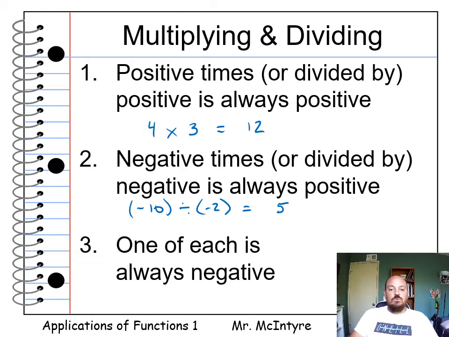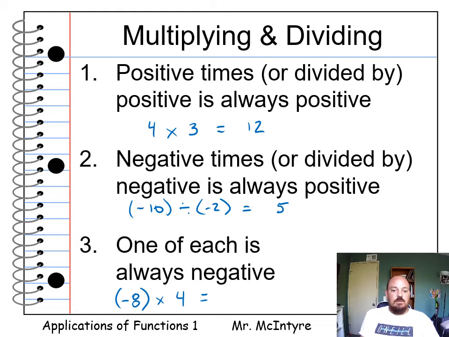Now the last rule, one of each, meaning one positive and one negative. It doesn't matter what order it can go. It can be negative times positive or positive divided by negative. If it's one positive number, one negative number, and you are multiplying or dividing, the answer will always be negative. So this time, let's say I have -8 times +4.